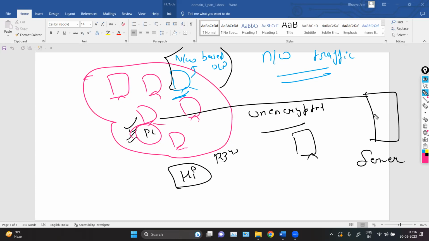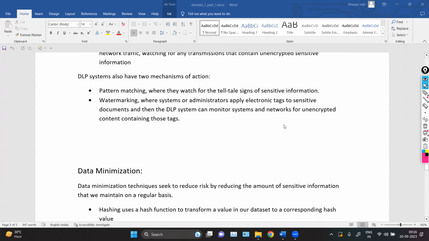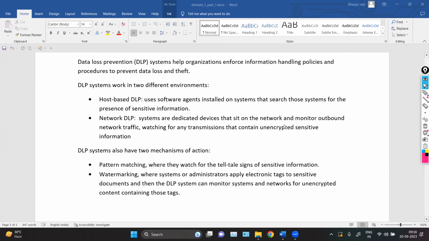That is known as network-based DLP. It checks the network traffic, and whichever user or system is using an unencrypted channel, the network DLP will notify the user.